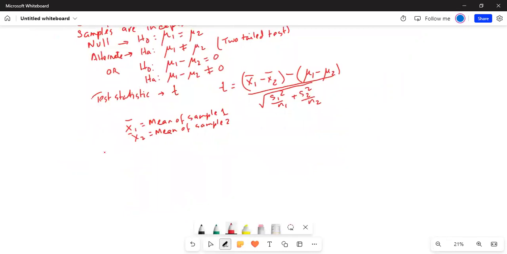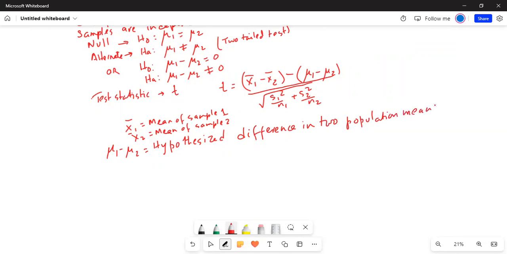And mu1 minus mu2 is the hypothesized difference in two population means.